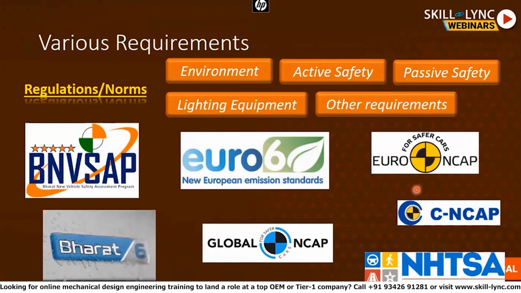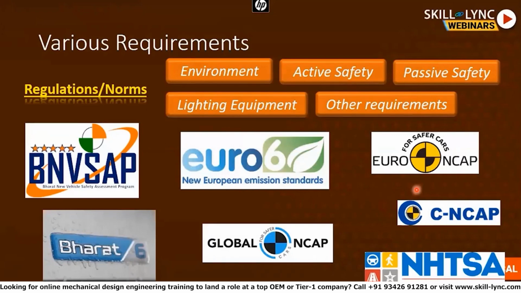Those are all coming from the NCAP ratings, basically. And NCAP is followed by different countries. You have NCAP in USA, in Japan, in China, in Europe. Everywhere you have NCAP except some countries. And India is also planning for Bharat NCAP in future.